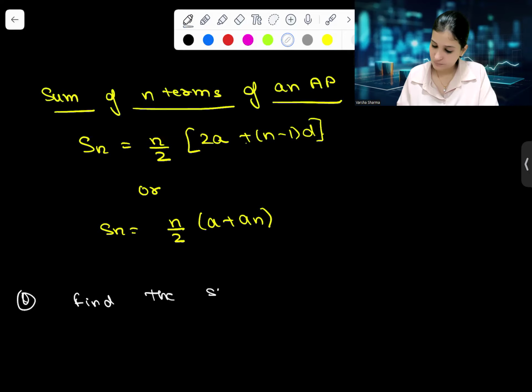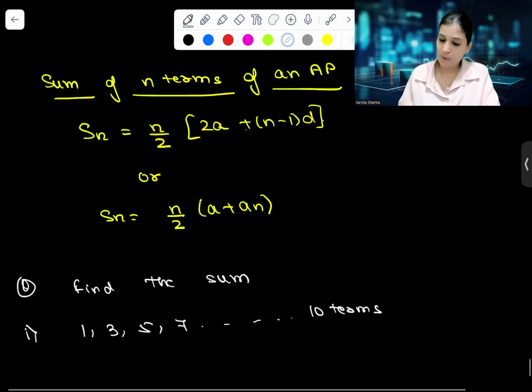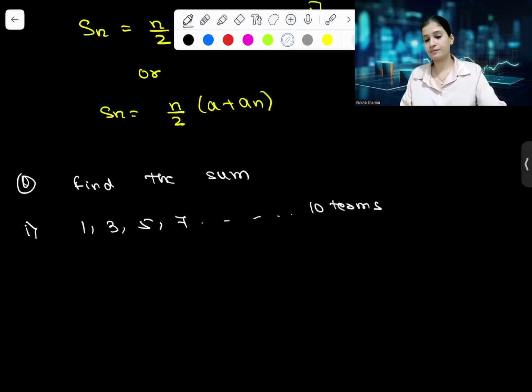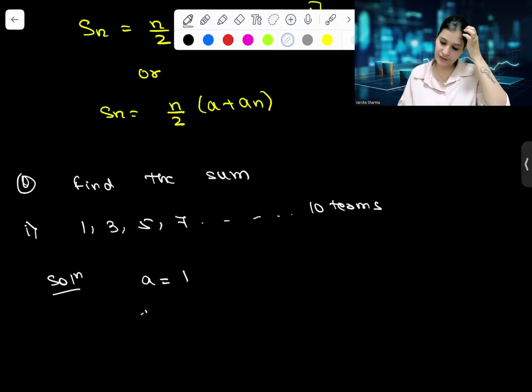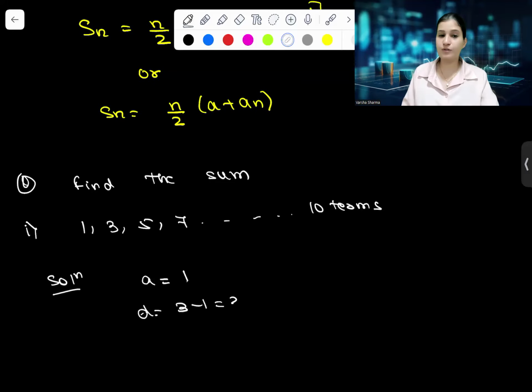1, 3, 5, 7, up to 10 terms. Here, A is 1. Common difference is 3 minus 1, 2. And the number of terms is 10.